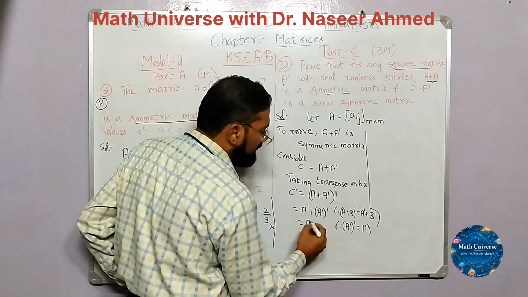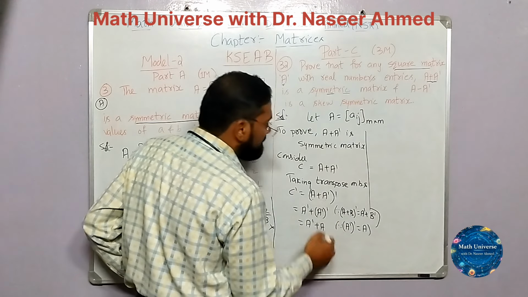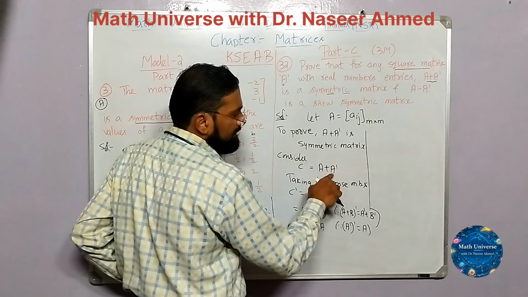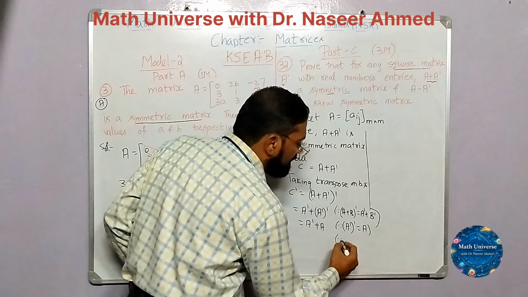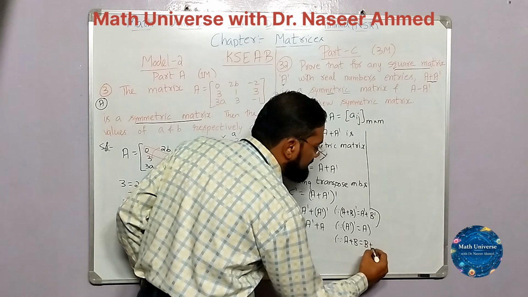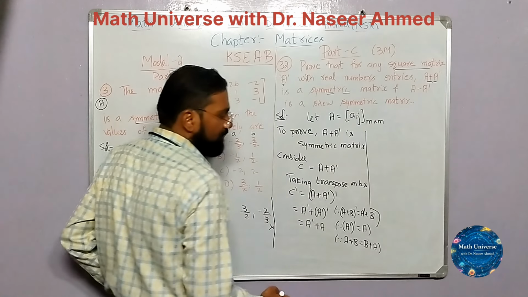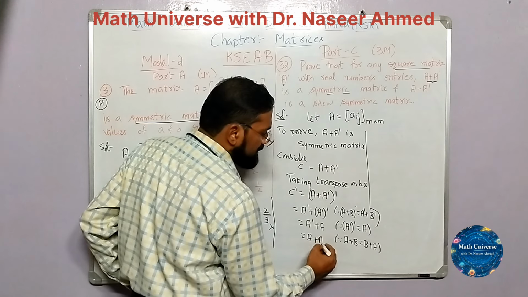So here we are applying the properties, and we actually want this. First is A, then A transpose, but now here it is A transpose first, then A. Don't forget from the properties of matrix addition, addition is commutative. A plus B is the same as B plus A. So I can change the order. First I can write A, then I can write A transpose.